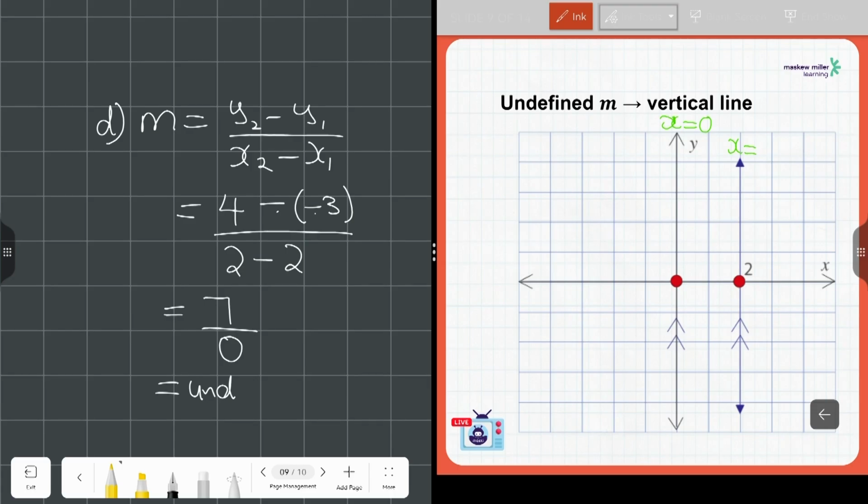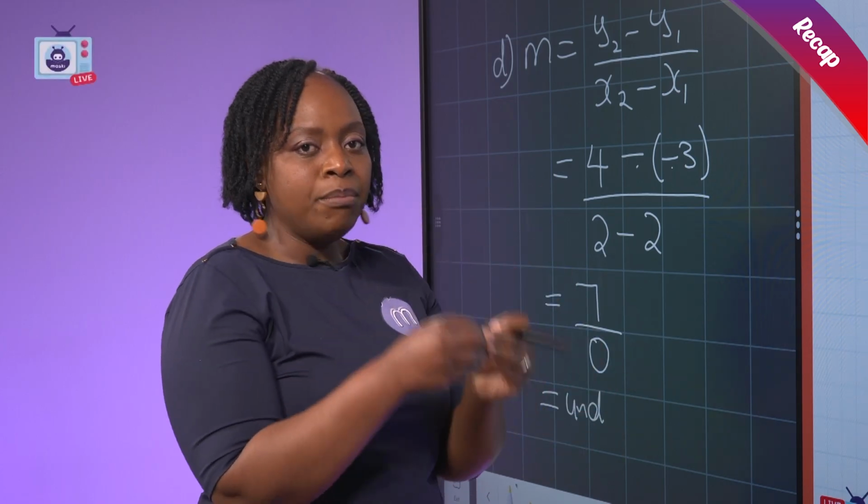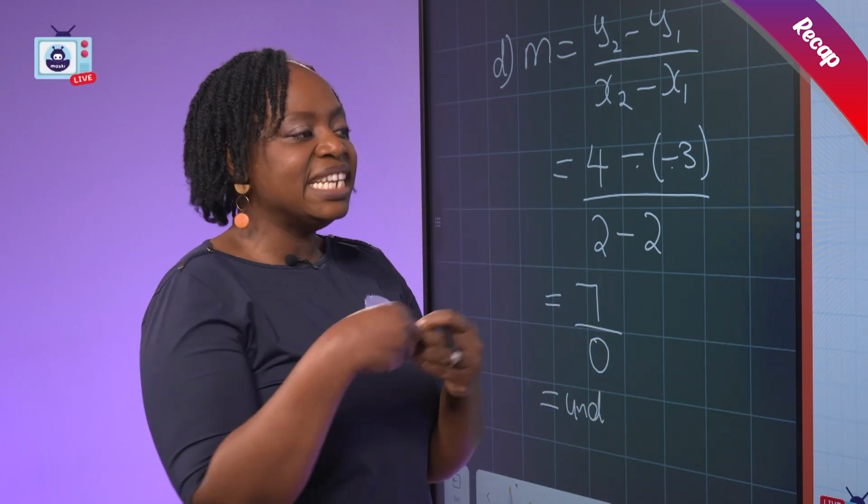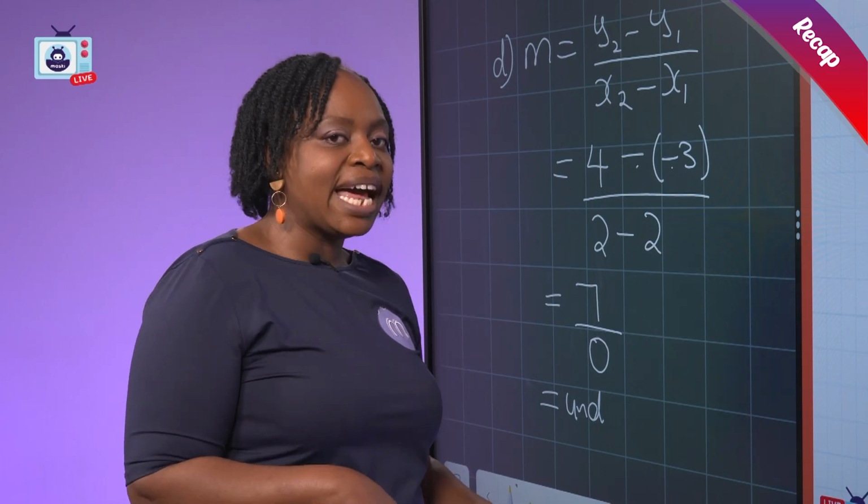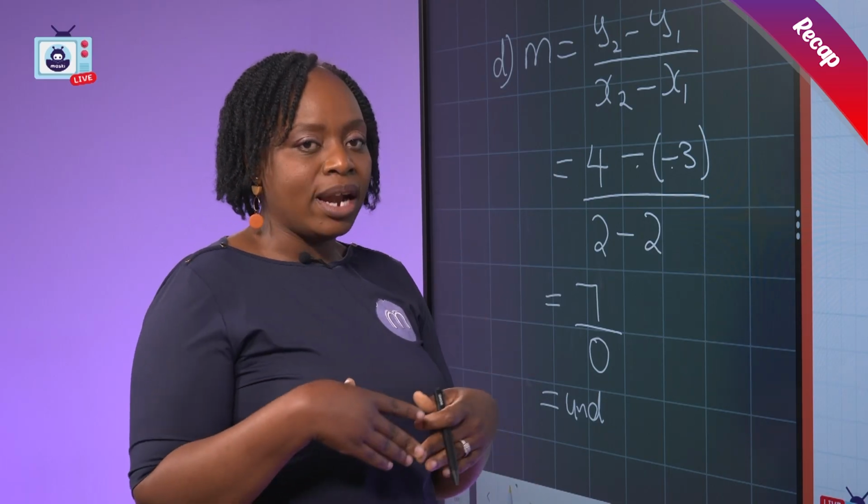In this case, our x will equal 2. With a vertical line, m is undefined. Gradient is undefined. When it's a horizontal line, the gradient equals 0.